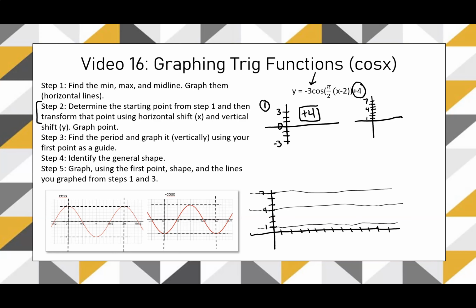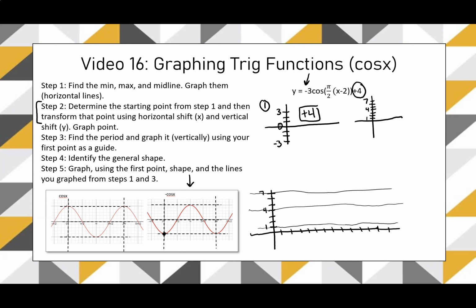All right, now let's go to step 2. Determine the starting point from step 1 and then transform that point using a horizontal shift. We really need to look and see if we're a positive cosine or a negative cosine, and then from there we can think about what our shift will be. We're in the situation where we have a negative, so in other words, our starting point is actually going to be at the minimum.